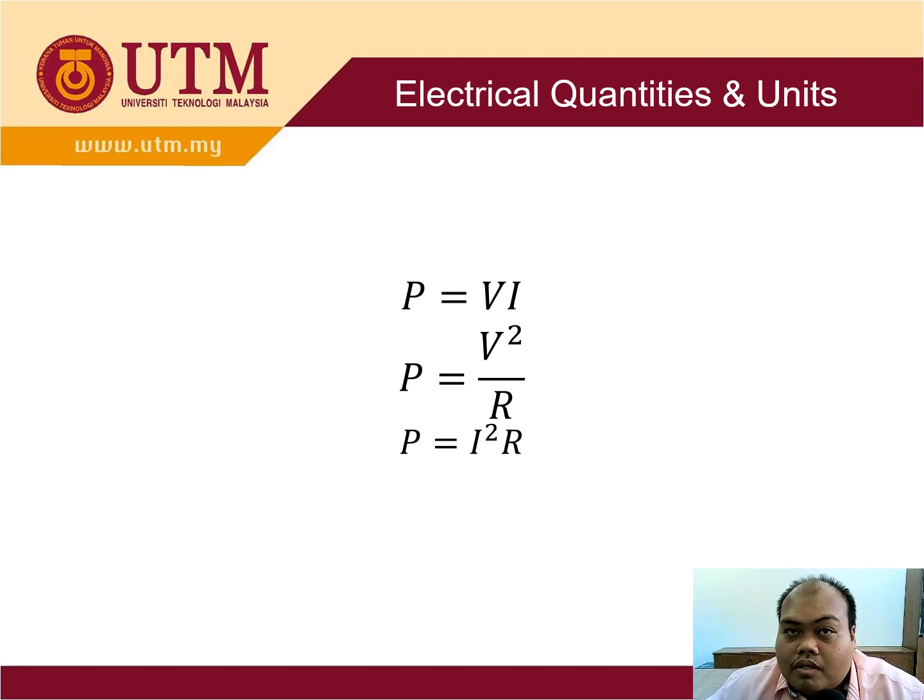Then using Ohm's law, we modify the equation: P equals V squared over R, or P equals I squared R. Make sure that you know how to differentiate them. If the circuit has voltage and R only, don't forget V squared divided by R. So voltage is divided, and the current is multiplied.